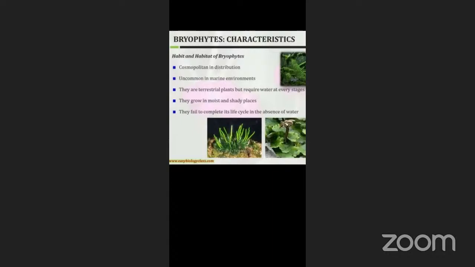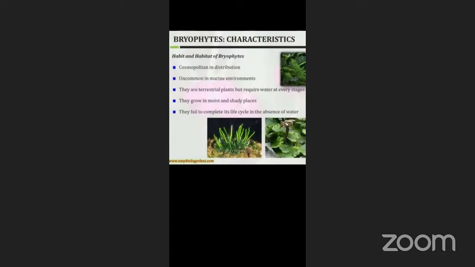Okay, they can grow in shady places, and on some rocks, wet rocks, tree trunks, and wet soil where they occur. They are also found on dry rocky surfaces in soil formation.